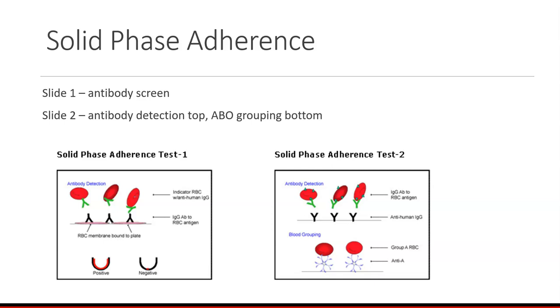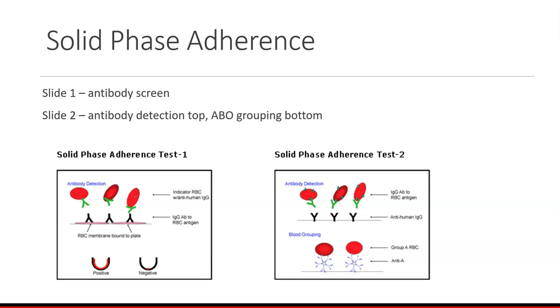How do we know that occurred? Because we can't see it. We add antibody-coated red cells, and again, these are IgG-coated red cells. One of the antigen binding sites will bind to an antigen binding site on the antibody that's stuck to the well. So at the bottom you see a positive is a mat of cells, a negative is a button.